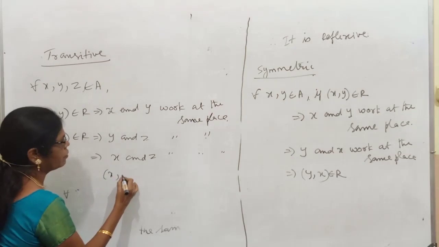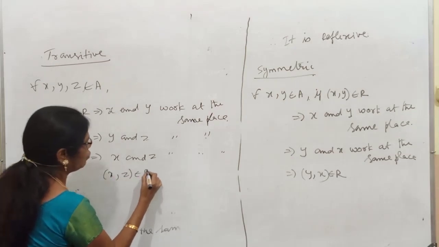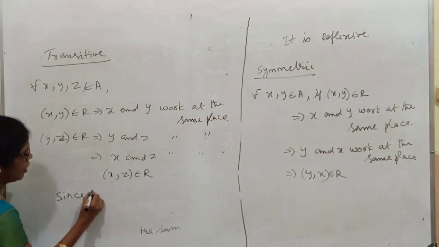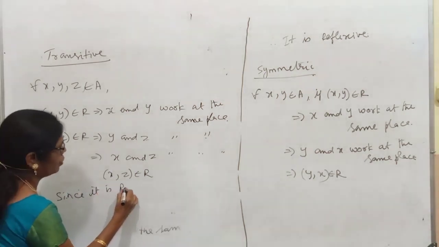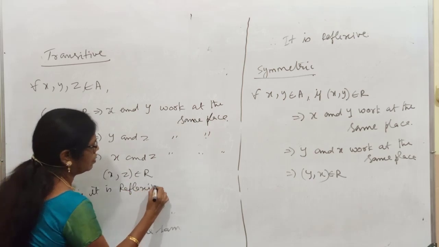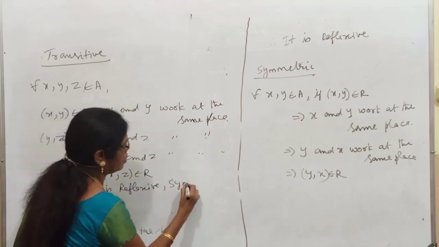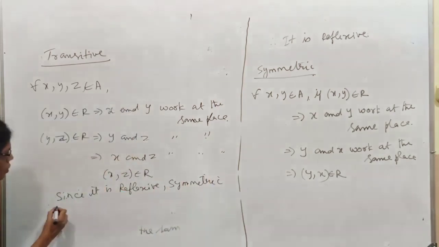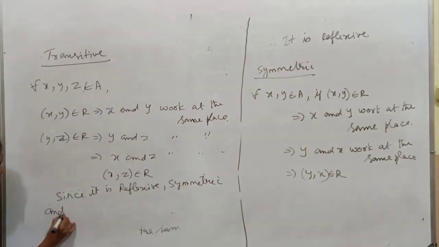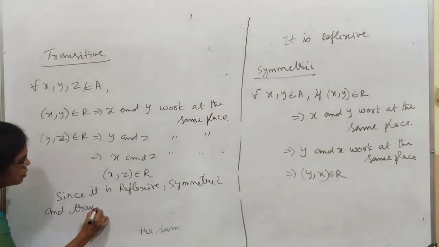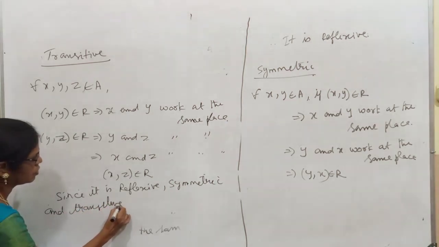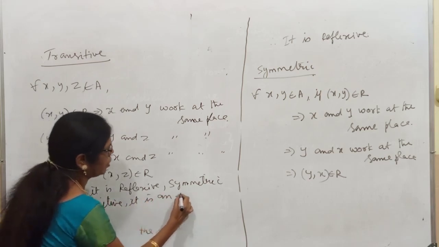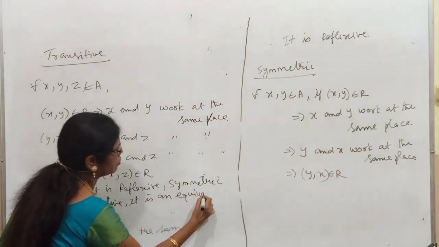So, how will you conclude this? (x, z) belongs to R. Since it is reflexive, symmetric and transitive, it is an equivalence relation.